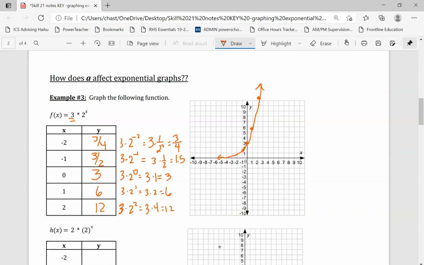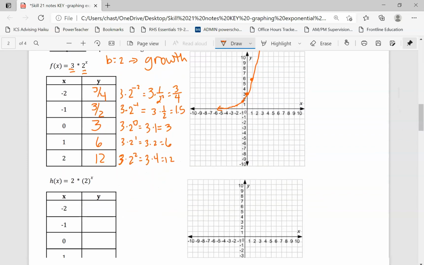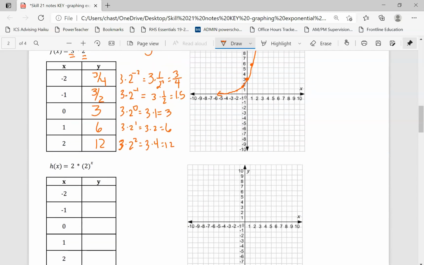But again, notice that we had a 2 for our b value, so this means growth. We'll talk about that a value in a moment. Let's also make note that the horizontal asymptote here is still going to be at 0.